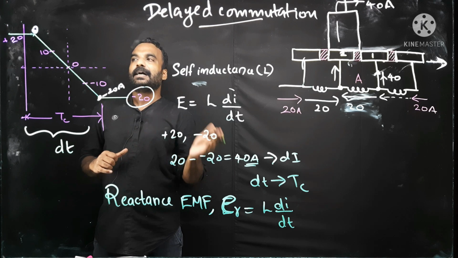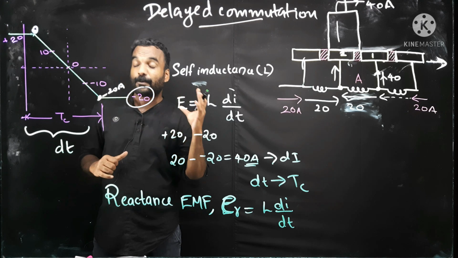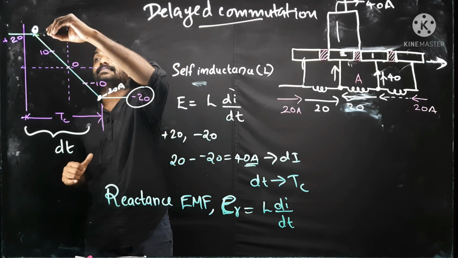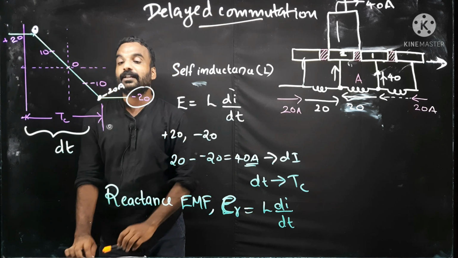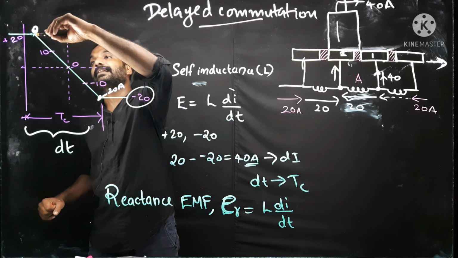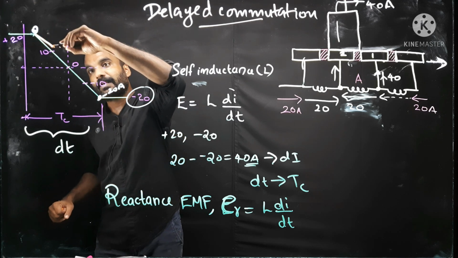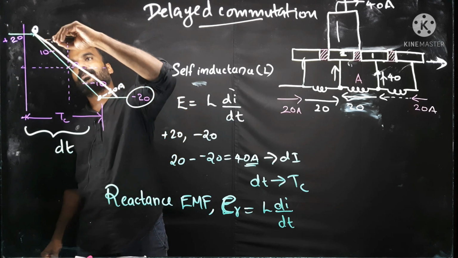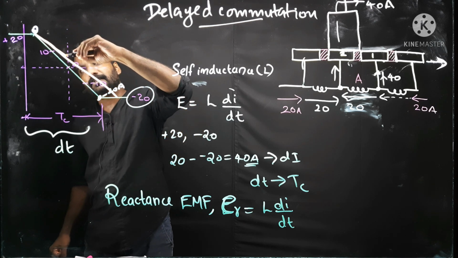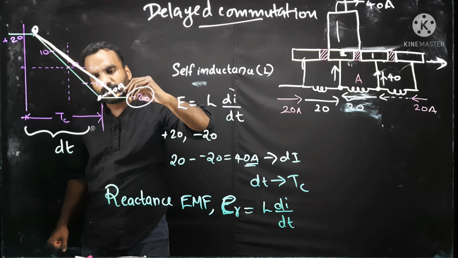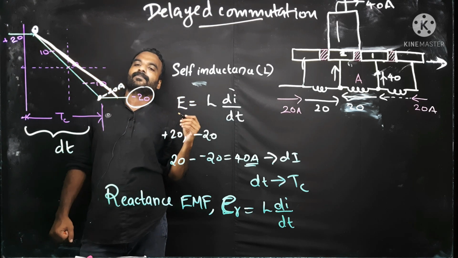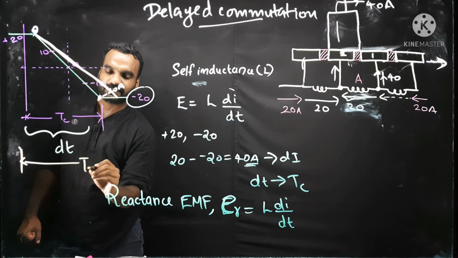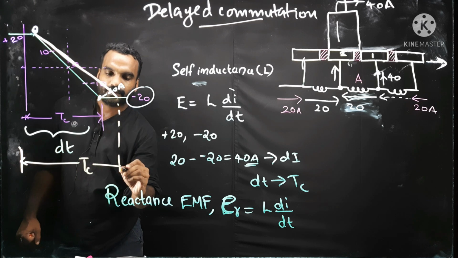So due to that opposition of the reactance EMF, this straight line will not be a straight line anymore. This will become a small curve like this. You can draw like this. Don't use a scale. A small curve like this, so that the commutation period is increased. This is the new commutation period.